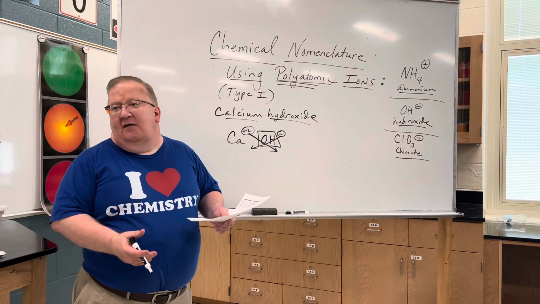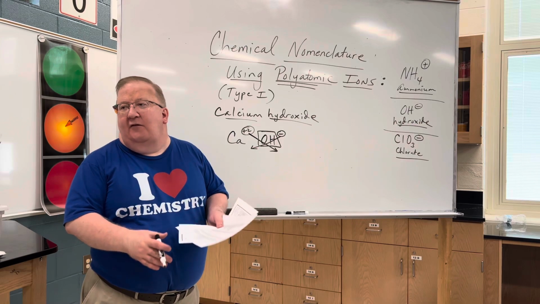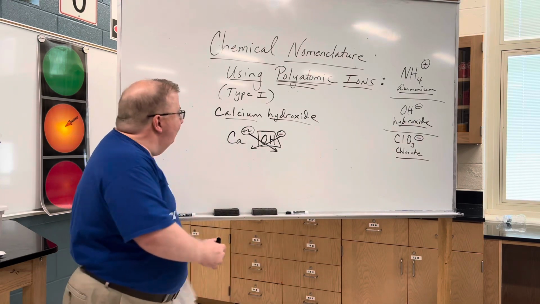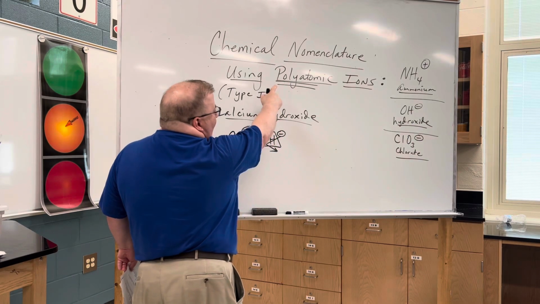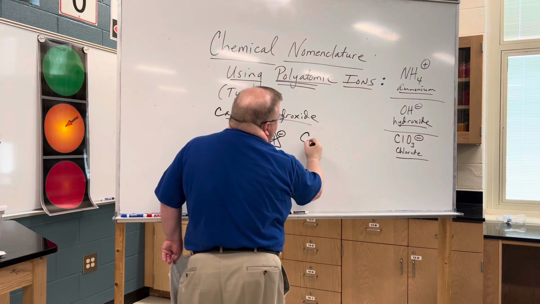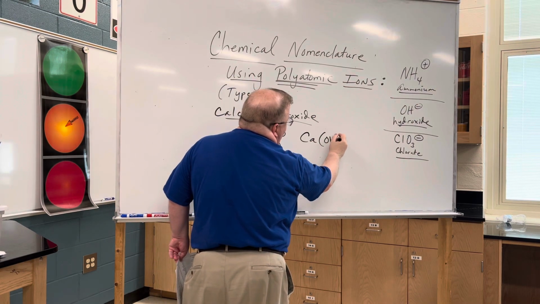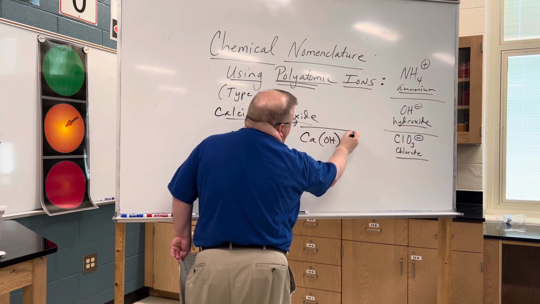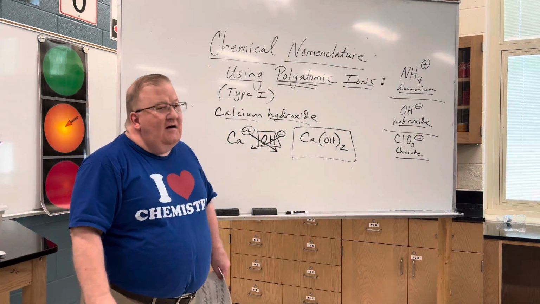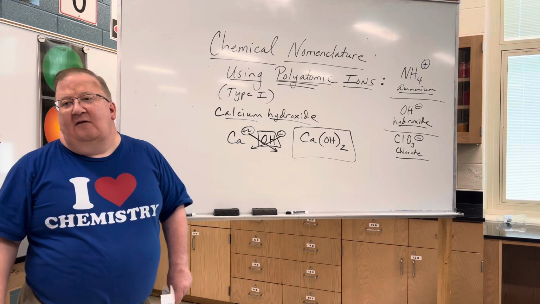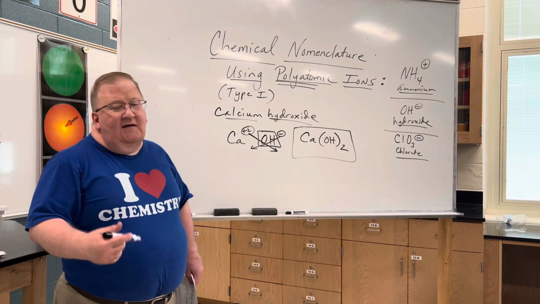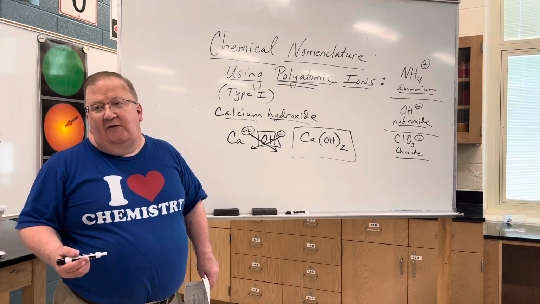Anytime a letter or a number is supposed to apply to more than one thing, you have to put that thing in parentheses, right? So this is the main difference for type 1 when you're using polyatomic ions. You've got to put parentheses around the OH and then drop the 2 down. So calcium hydroxide is Ca(OH)2. So the big thing is to always put parentheses, all right? And this again gets easier and easier the more of these that you do, all right?